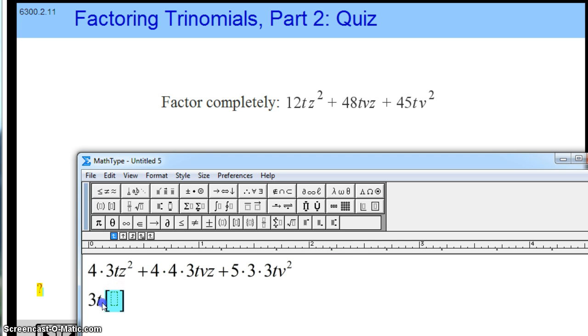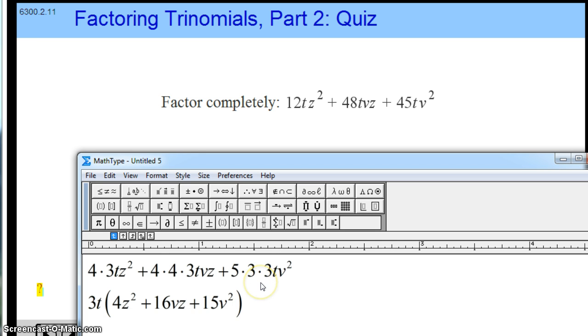This is just fancy. It's the same thing as parentheses. All right, let's use parentheses. So we pulled out the 3t, so we're left with 4z squared plus 16vz plus, well, we pulled out a 3t, so 15v squared.